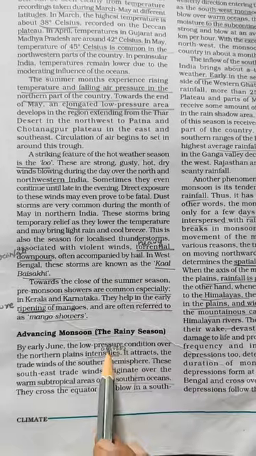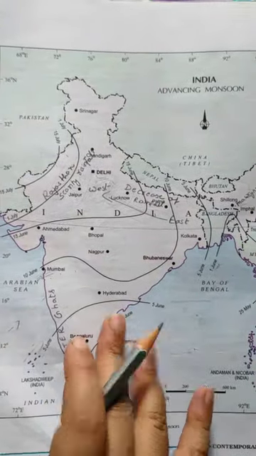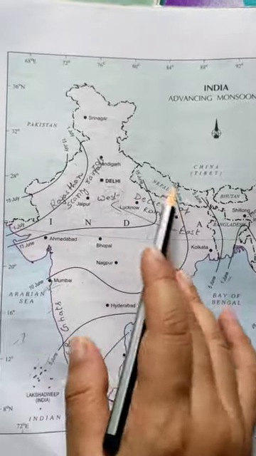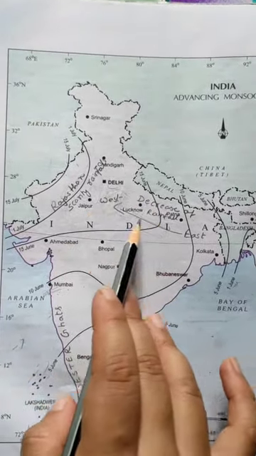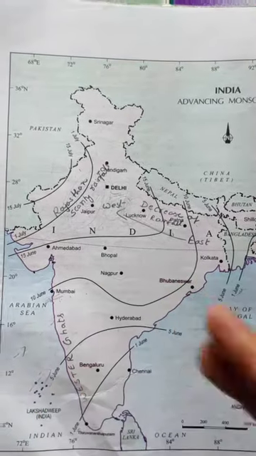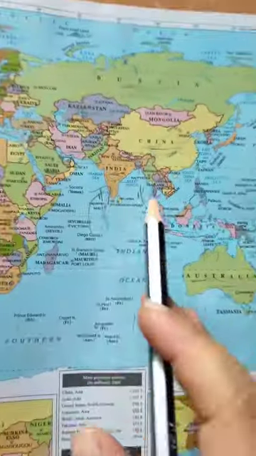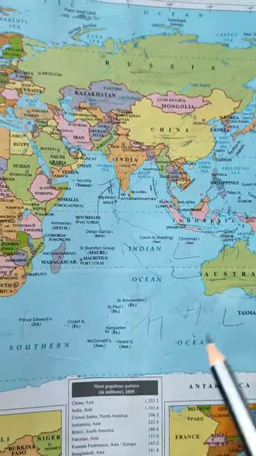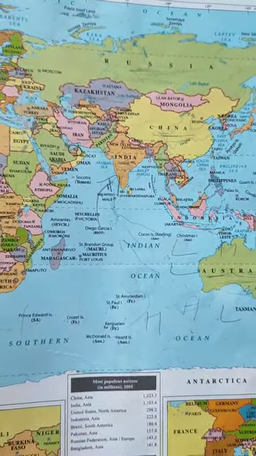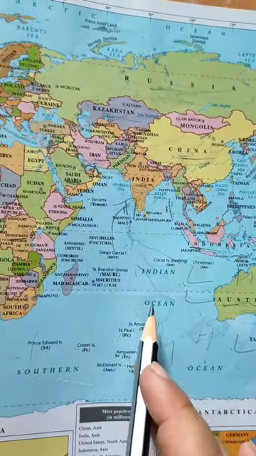Advancing monsoon, the rainy season. By early June, the temperature of the northern plain is high, due to which low pressure conditions occur in the northern plains. It attracts the southeast trade winds, which originate over the warm subtropical areas of the southern ocean.